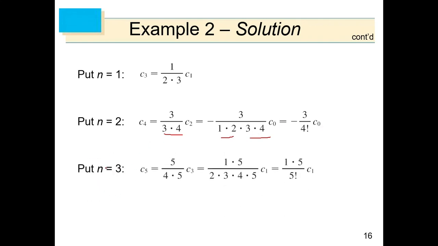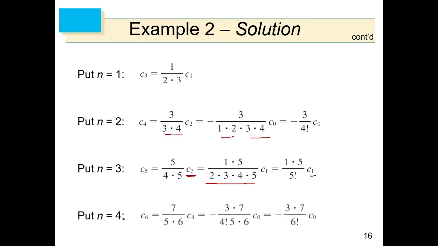Put n equal to 3, C5 is equal to 5 upon 4 into 5 into C3. The value of C3 is 1 upon 2 into 3 into C1, so C5 is equal to 1 into 5 upon 5 factorial into C1. Now again put n equal to 4, we get C6 is equal to 7 upon 5 into 6 into C4.